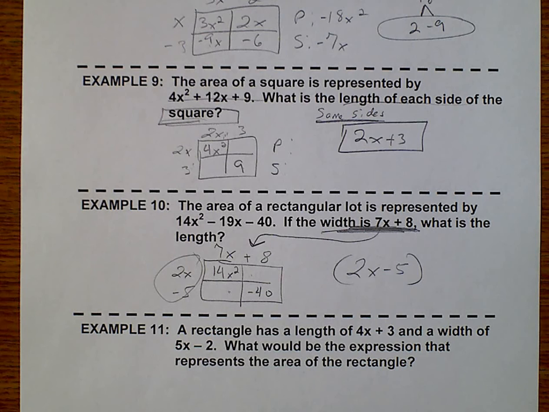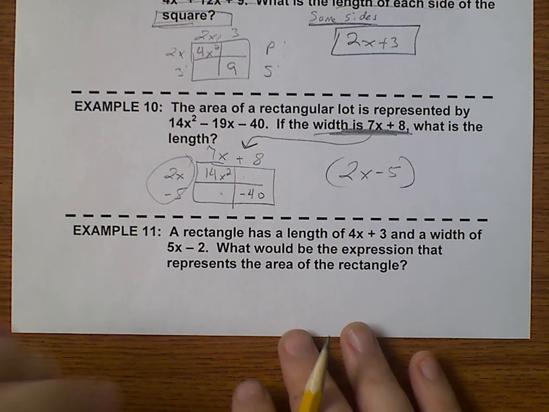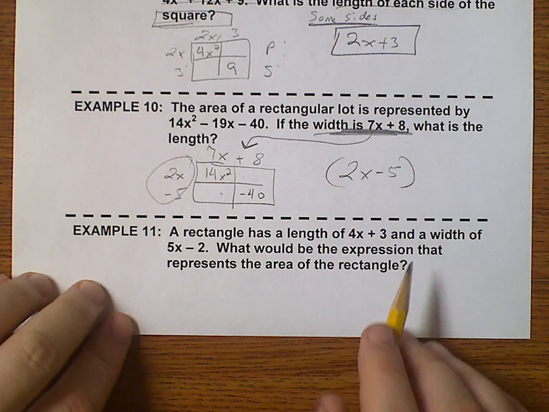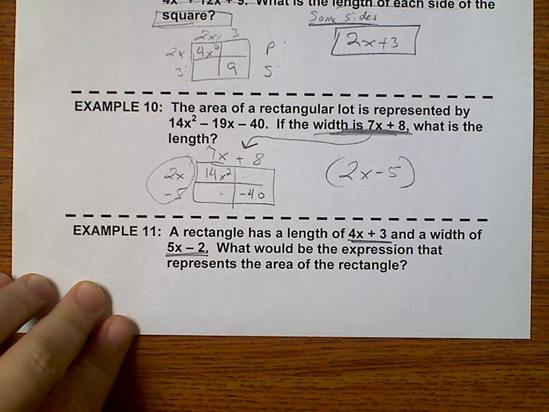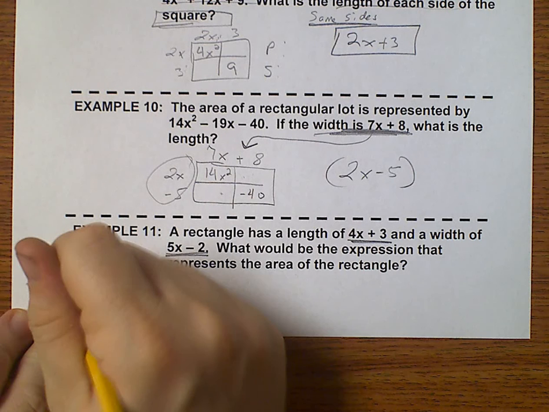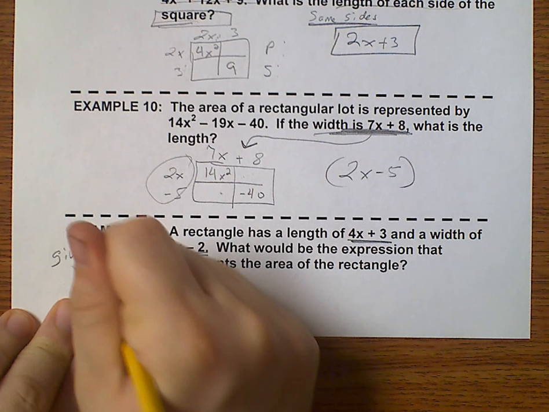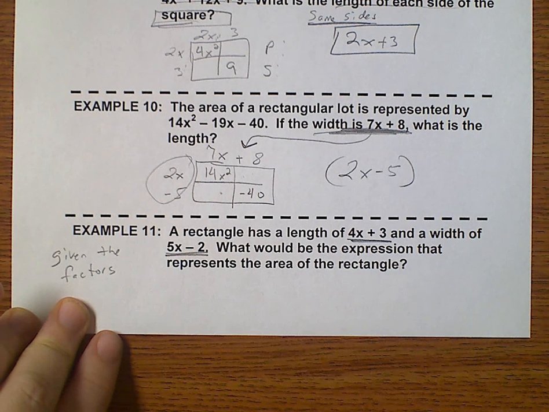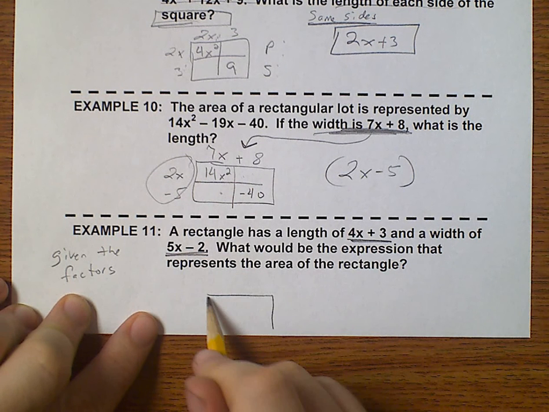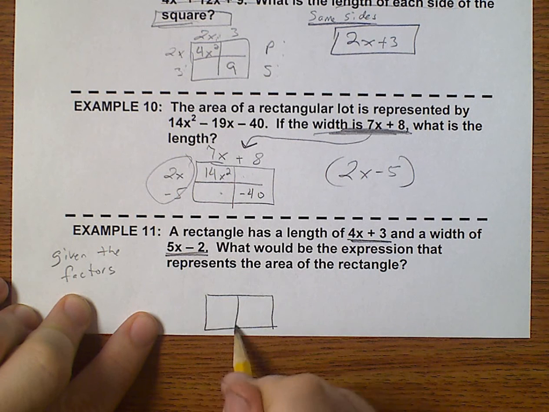And now for our last example, we're told that a rectangle has a length of this, a width of this. They gave us the factors. This just means that we will use the box method to multiply this out.